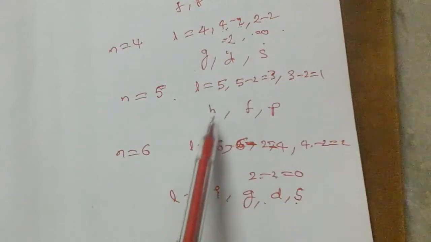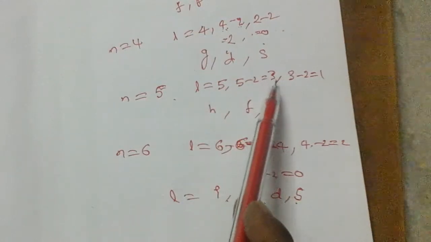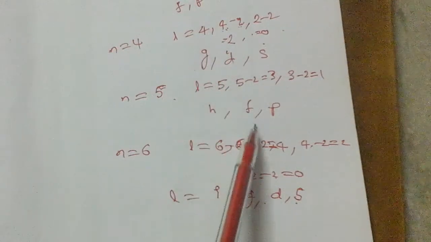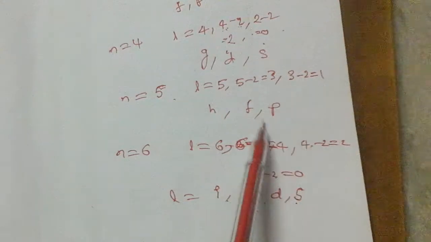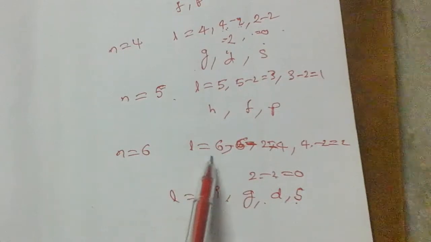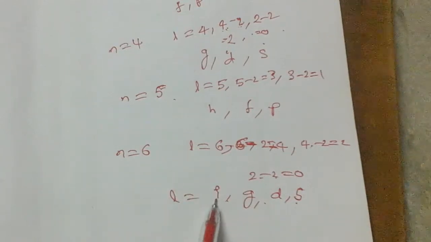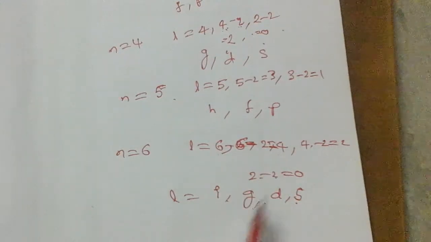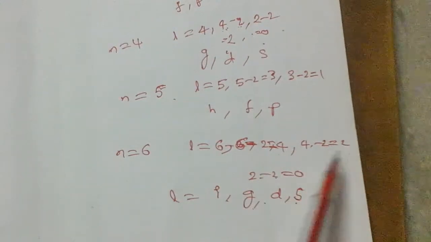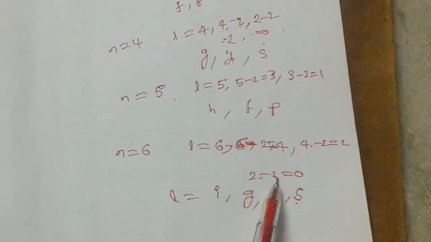So l is equal to 5 means h, 3 means f, and 1 means p. Now l is equal to 6: 6 means i, 6 minus 2 means 4, 4 means g, 4 minus 2 means d, 2 minus 2 means s.